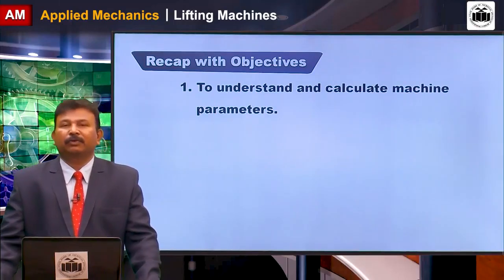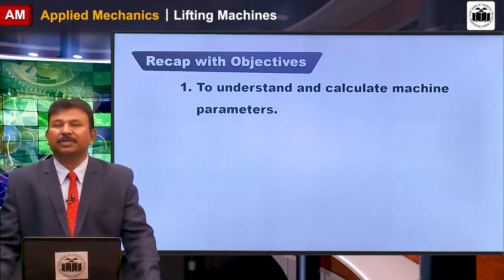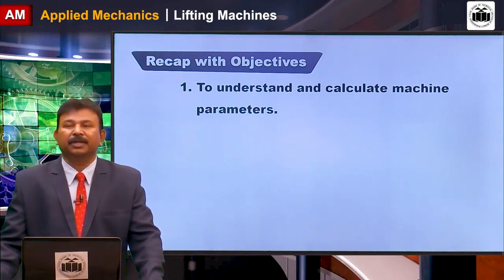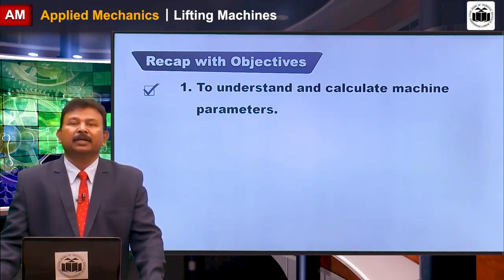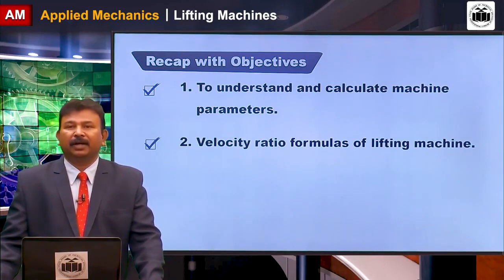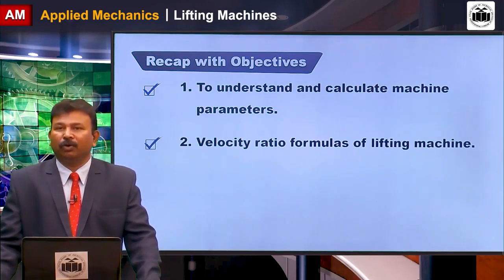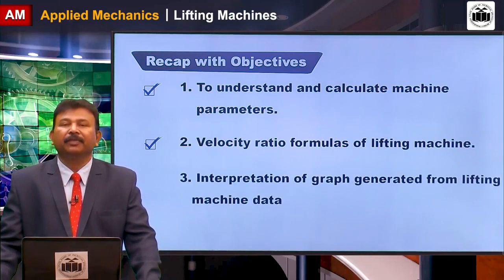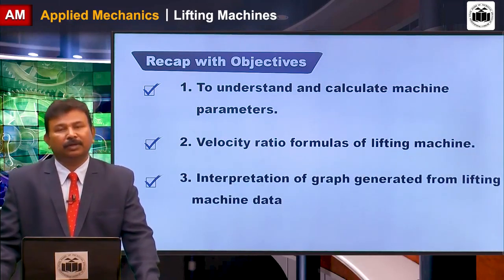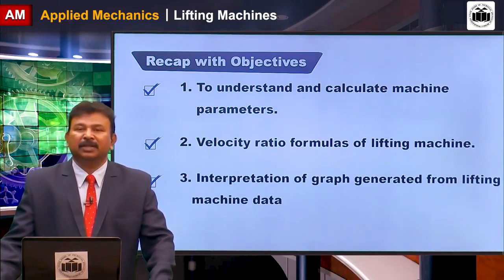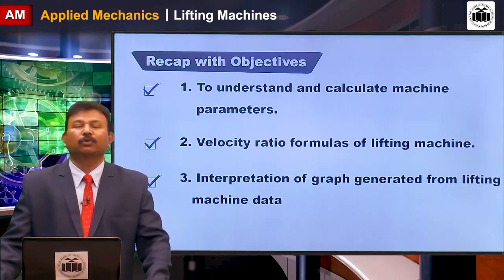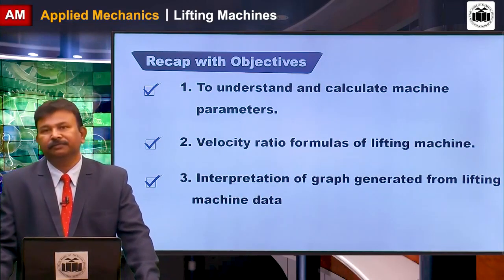The first objective we covered is to understand and calculate machine parameters. Second, we covered velocity ratio formulas of lifting machines. The third objective, which is very important, is interpretation from the graph, also successfully covered.